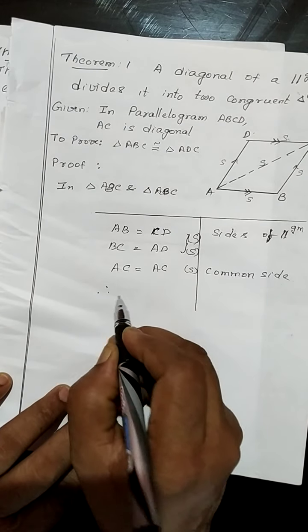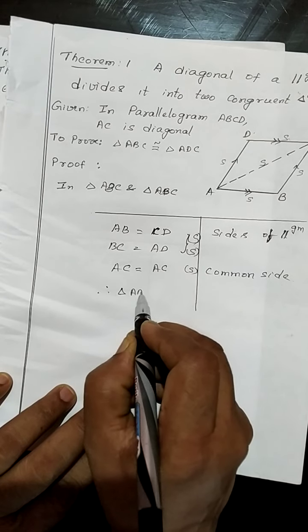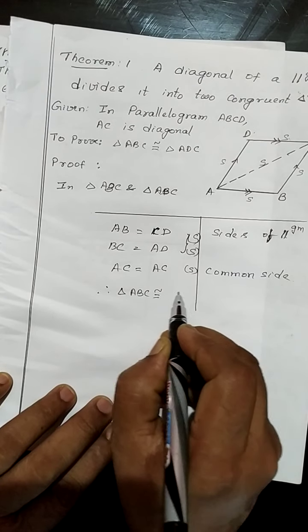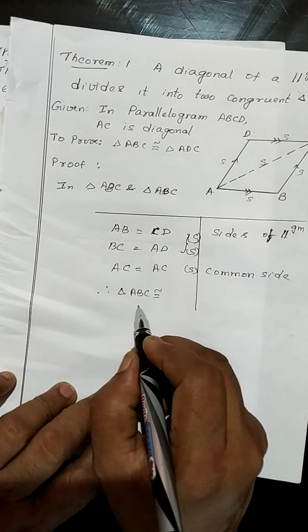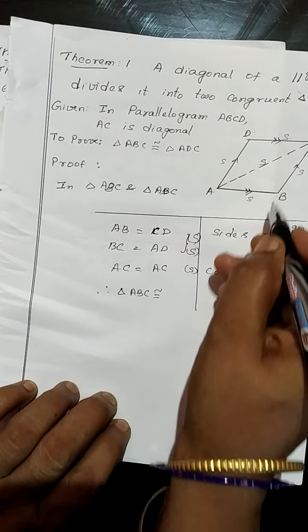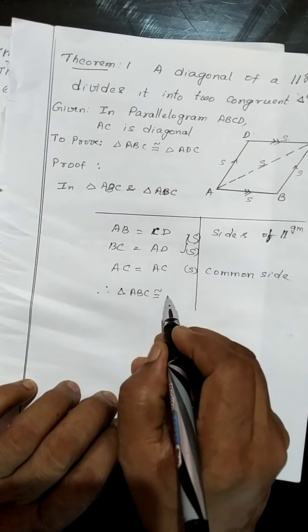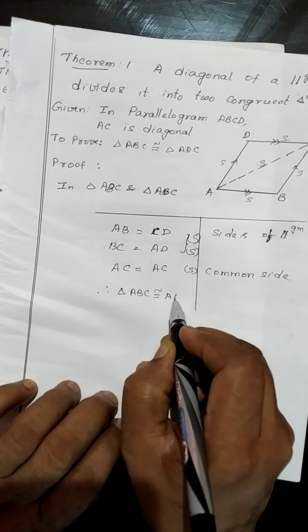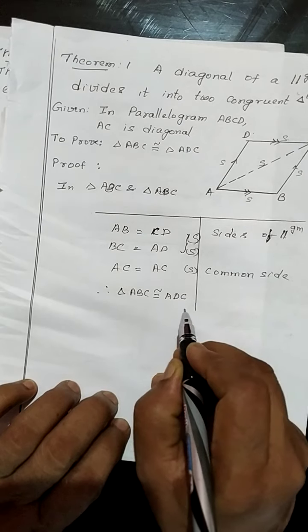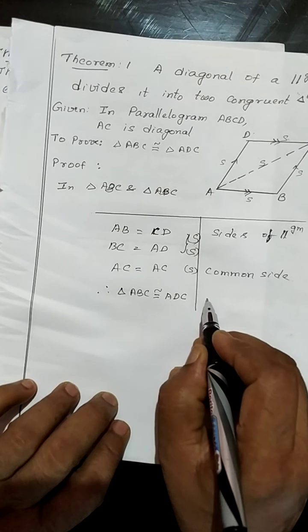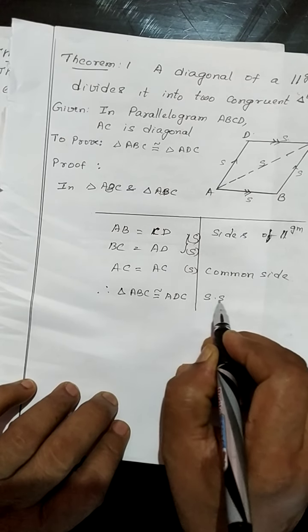Now you can say that triangle ABC is congruent. Before writing the names, you think that B is common to D, so A is common to A. Now the triangle ABC is congruent to triangle ADC by which axiom?